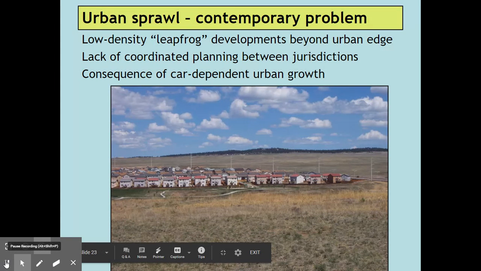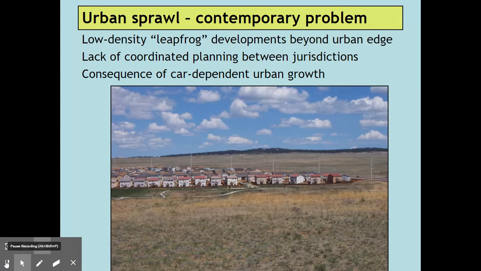So after your three models, you have two more note pieces: what is urban sprawl, and what are the advantages and disadvantages of new urbanism. So to address urban sprawl is very much what we're living in in the Louisville area. When you look out at the Broomfield sprawl, as that Buffalo Run area has developed, that's defined as low density leapfrog developments beyond the urban edge.